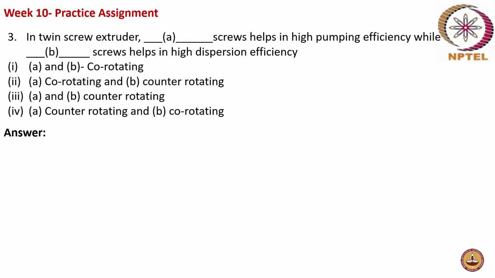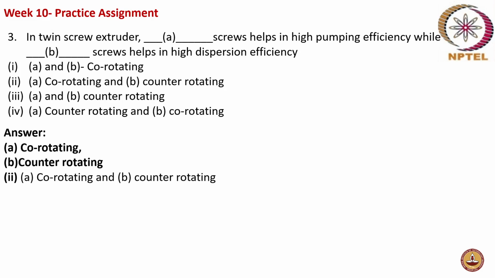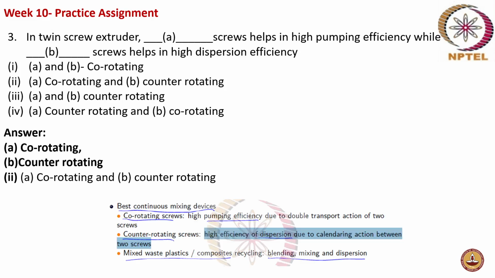So the answer here is, it is actually co-rotating screws that help in high pumping efficiency, and counter-rotating screws help in high dispersion efficiency. So the answer is option 2. Why is this so?